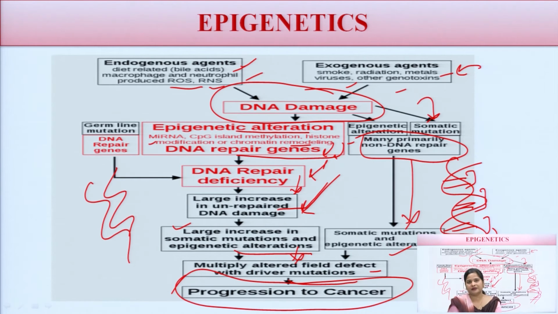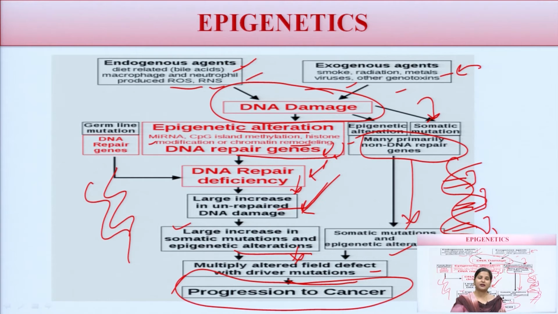So, basically I conclude this slide in a simple way: there is an exposure to any kind of substance from the outside or from inside the body, that is the exogenous or the endogenous agents.